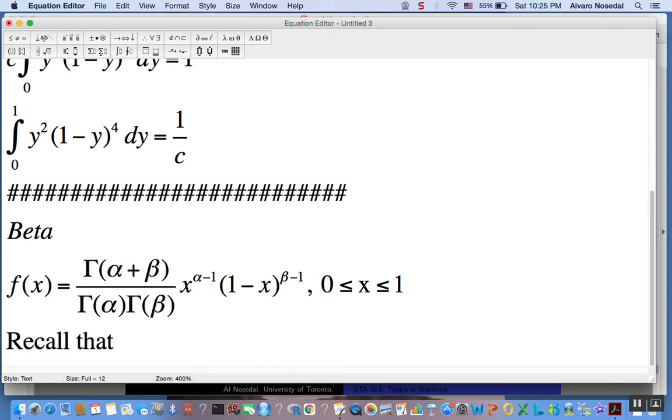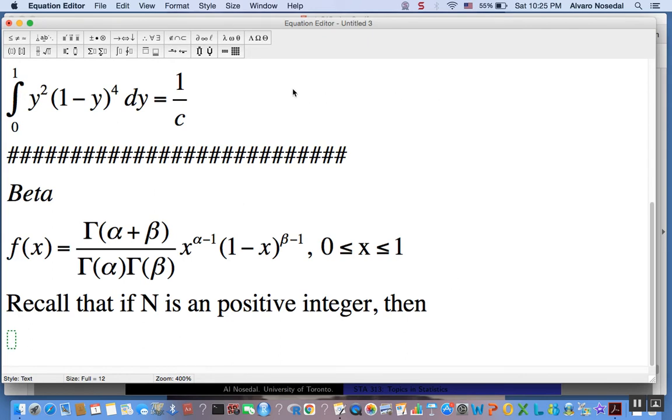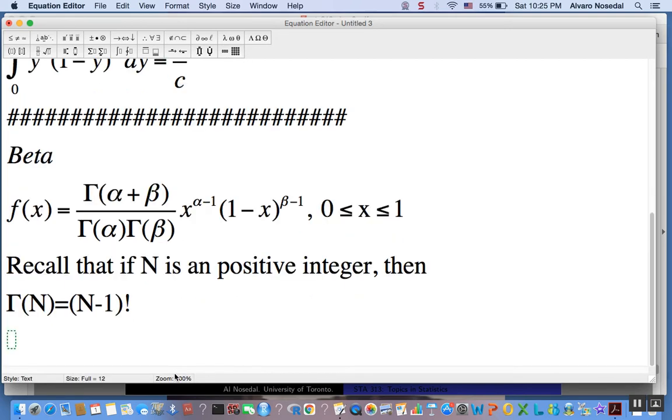Recall that if n is a positive integer, then the gamma function evaluated at n equals n minus 1 factorial. Okay?